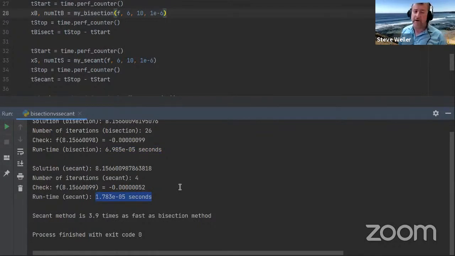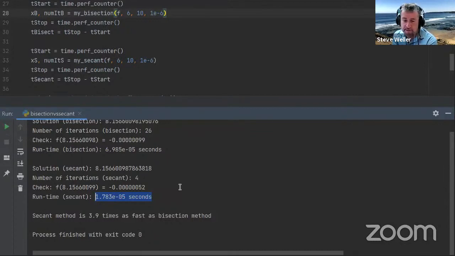Does it really matter if a program takes 70 microseconds or 17 microseconds? Probably not. You're not going to discern any difference on a human scale by running both these algorithms. However, for larger problems, for larger data sets, where you might need to run the same solution thousands, tens of thousands, millions or more times, it really makes a difference.